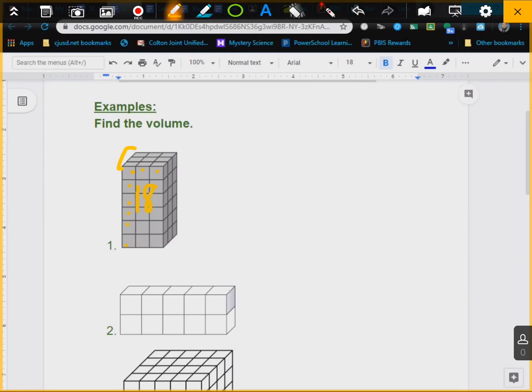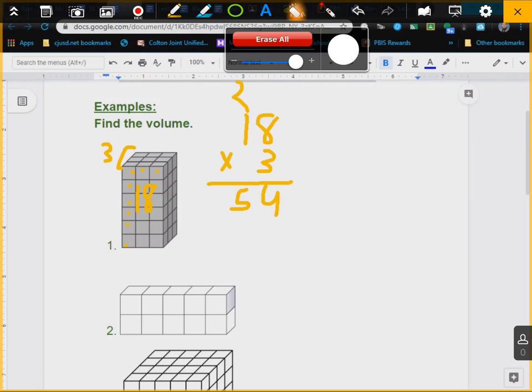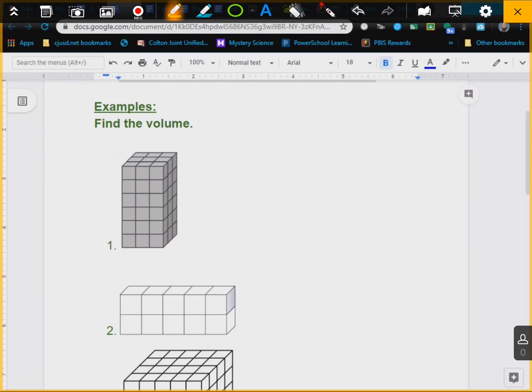And I know that there's 3 layers. I could do 18 times 3, and that would also give you 54. So either way, you get it. I like to just do volume equals length times width times height, and see what's my length, what's my width, and then what's my height.